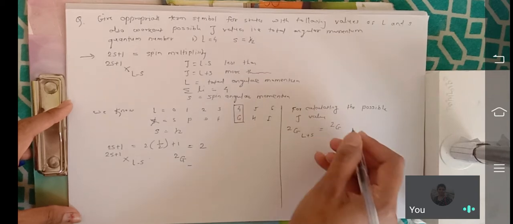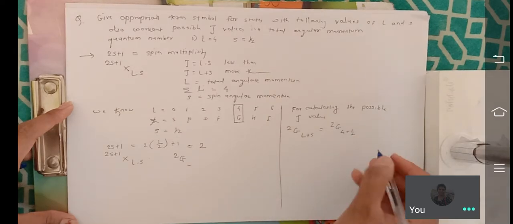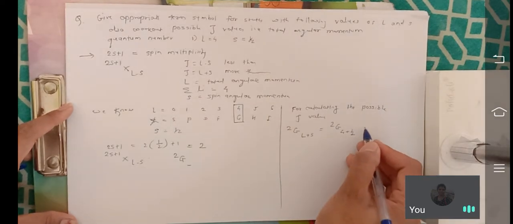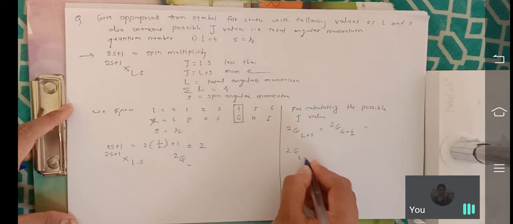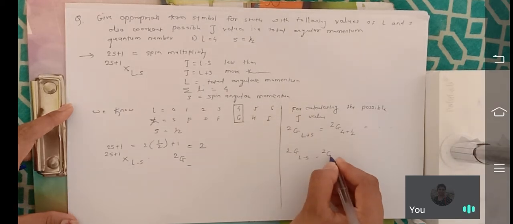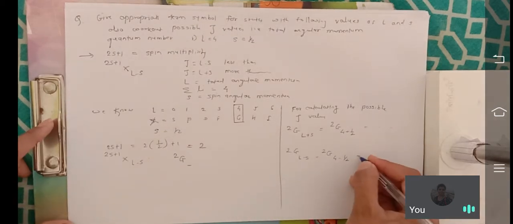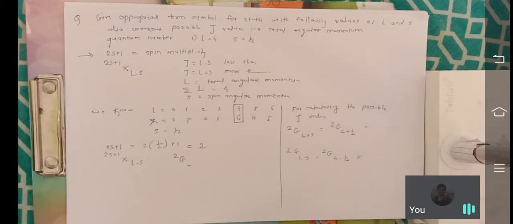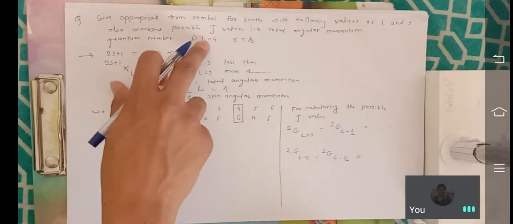L plus S means 4 plus half. You just calculate here. Then when you take doublet G, L minus S, that is 4 minus half. You calculate here, and we get the answer, and these are the possible J values of this given example.